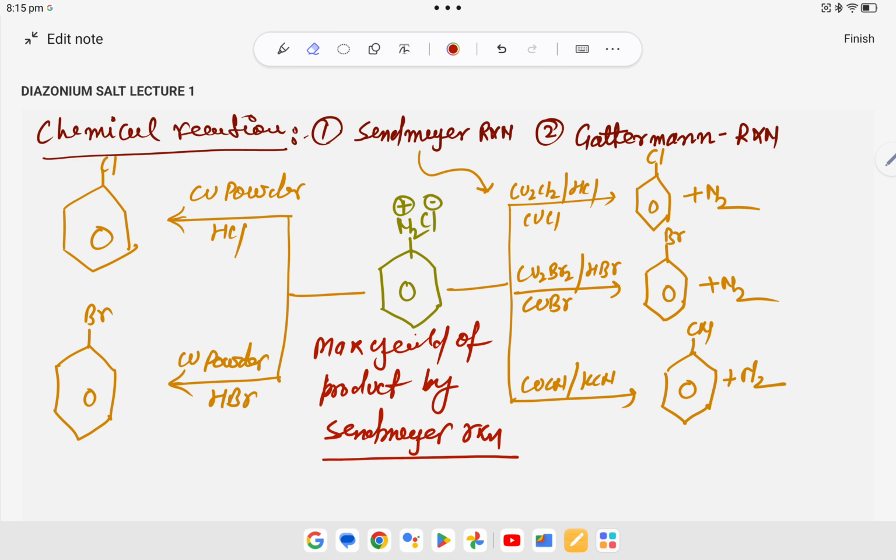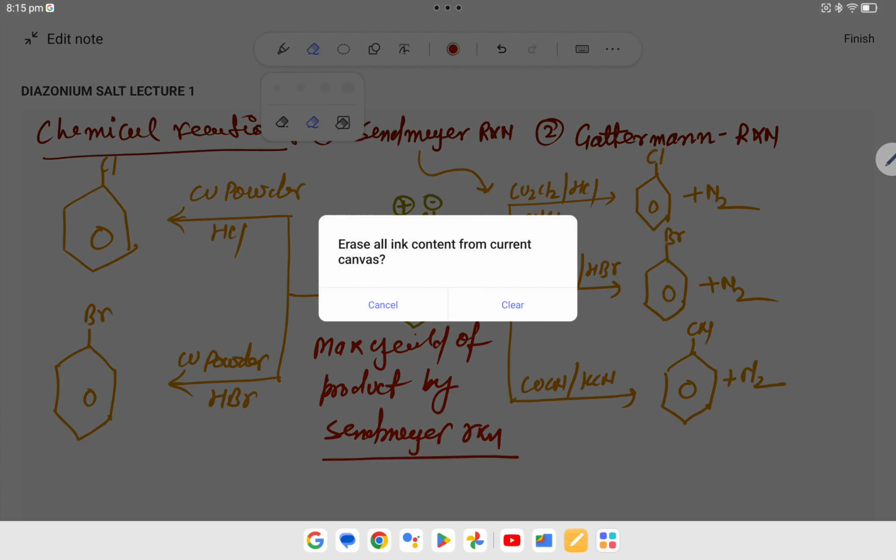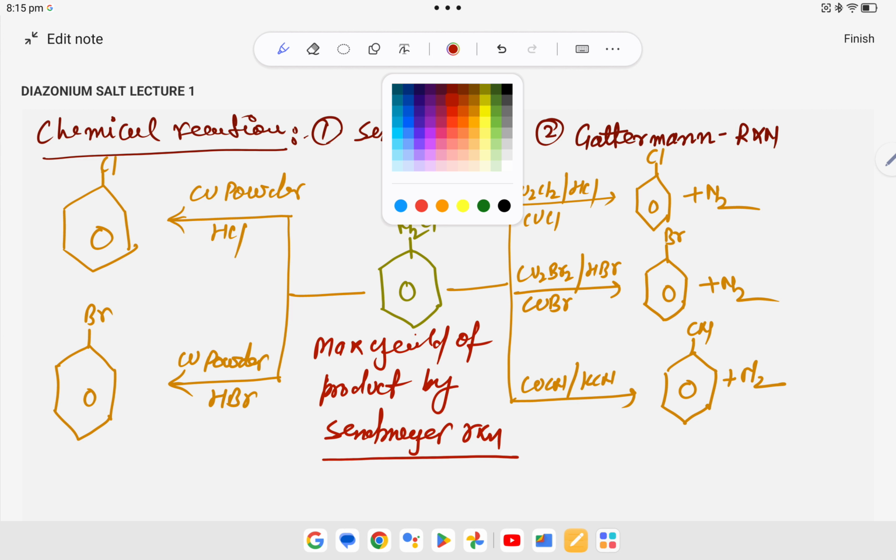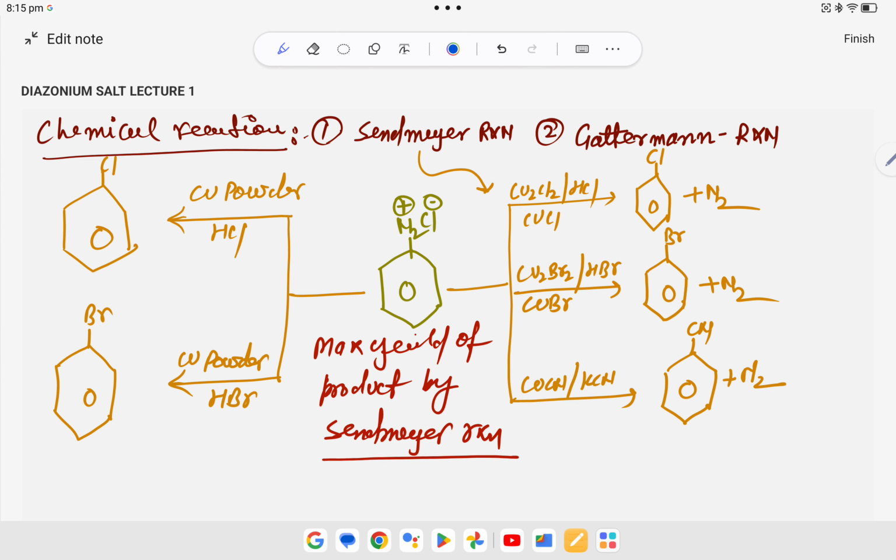So once again I am explaining. The first chemical property we are discussing is the Sandmeyer and Gattermann reactions.